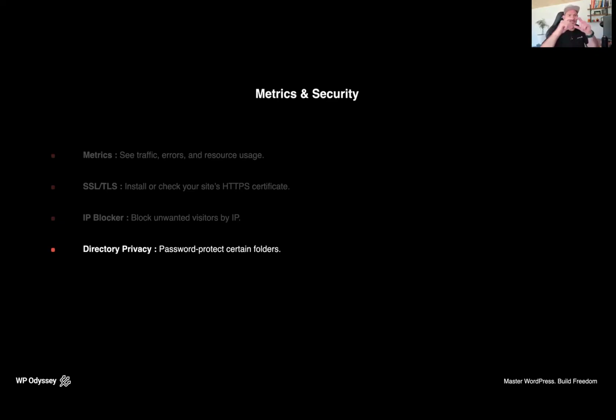A little bubble will appear on the page before you see anything, and it'll ask for the username and password. So if you want to share a development website with a client, you would set this up, and the client would only be able to see it if they put the username and password in. It means their website isn't being shown before they've agreed it or signed it off.